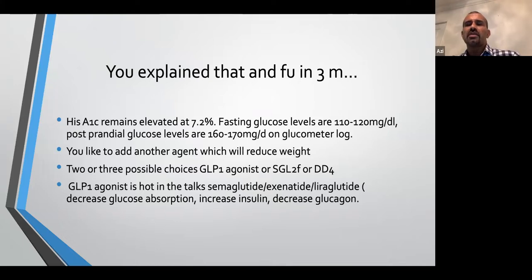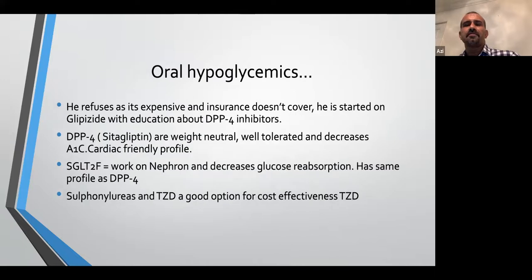Now, GLP-1 agonist is currently being discussed, and the options are semaglutide, exenatide, different medicines, very highly desired by those who can afford them, and lots of physicians like to use them these days. It's hot in the talks. Next slide, please.